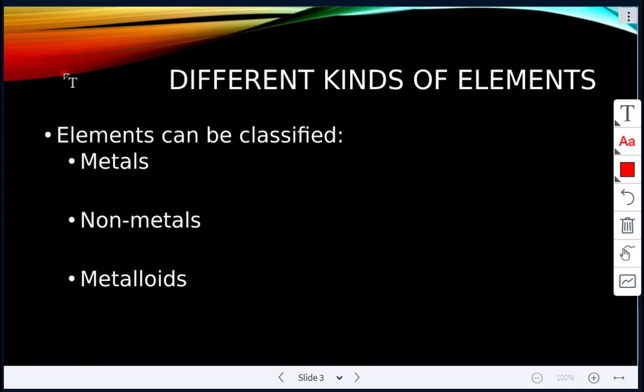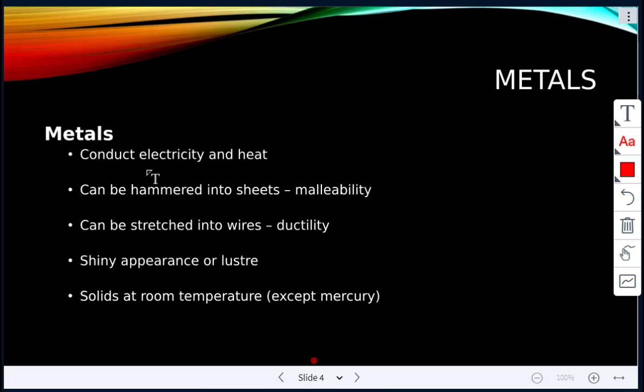There are different kinds of elements, and the elements are classified as metals, nonmetals, and metalloids. We'll talk about that a little bit more. Metals are elements that are able to conduct electricity and heat. They can be hammered into sheets, which is called malleability.